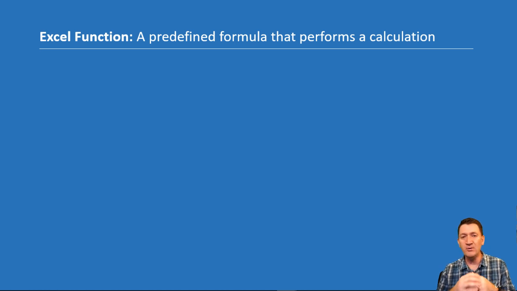If I want to find my house payment or the payment on the next car I buy, Excel has a function called PMT, the payment function, that will do that for you.